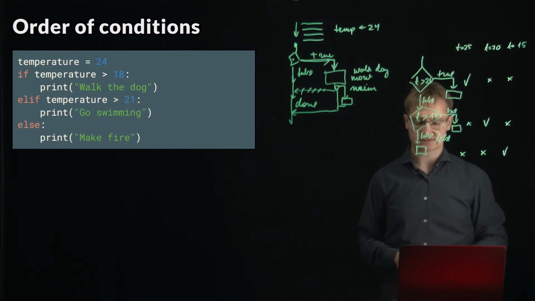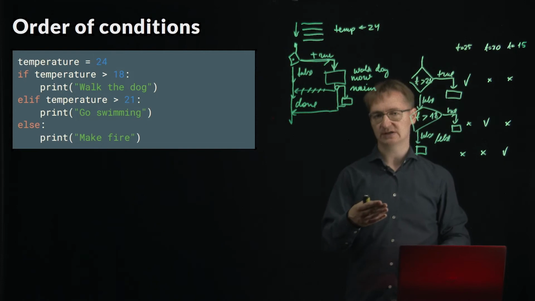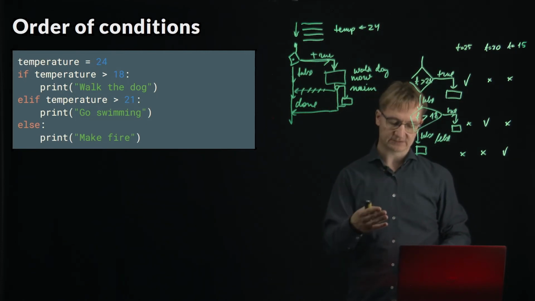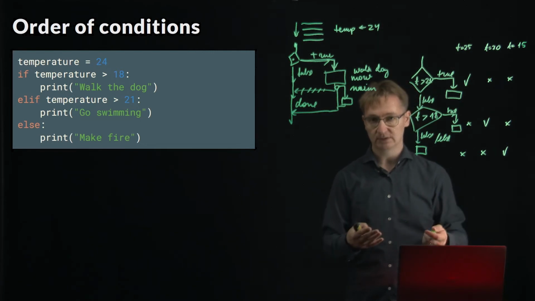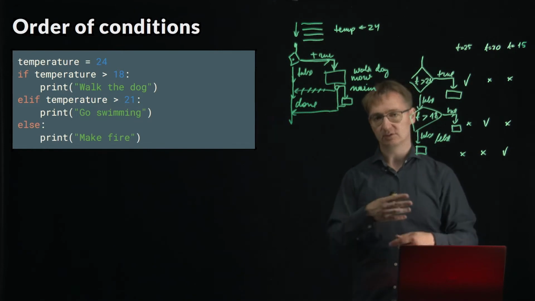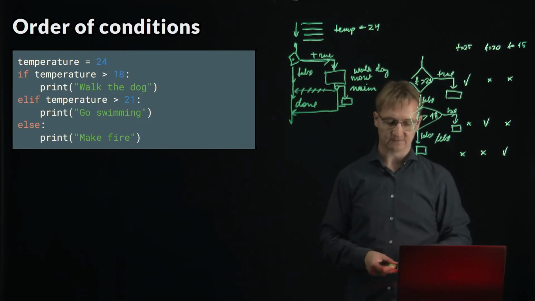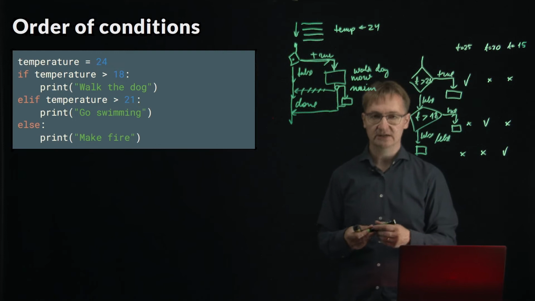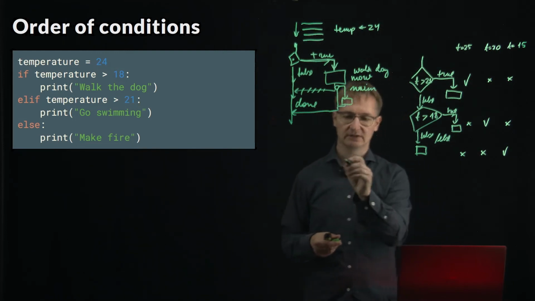So it's important that you always check the order of the statements. If the first statement is true, then the rest is ignored. So you have to order them properly.